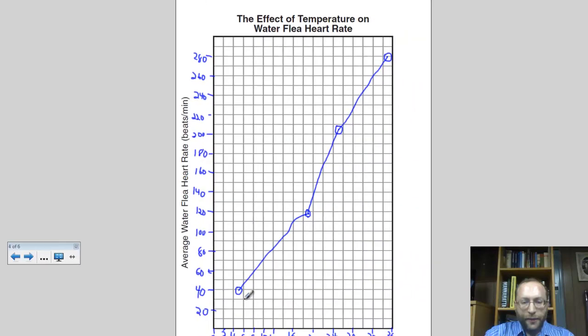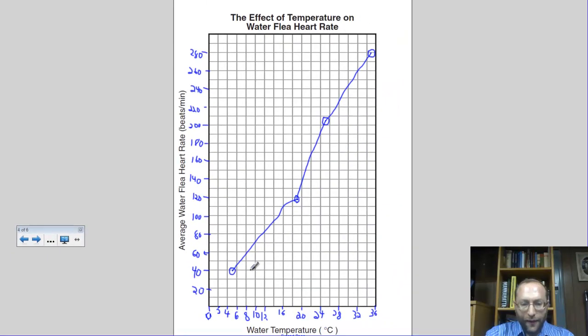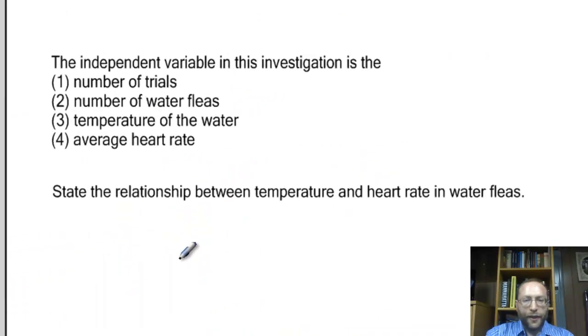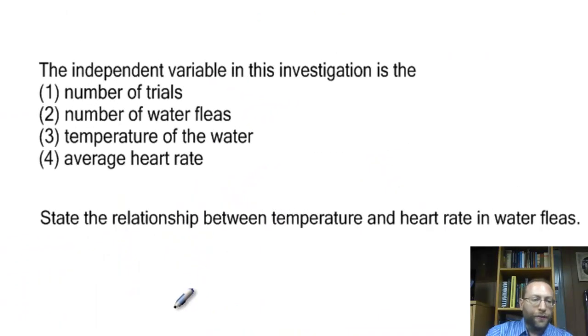As water temperature is increasing, in other words, as this value here gets higher and higher, what is happening to the heart rate? Well, if you look on here, as this number goes up, so does this number. You got 5 and 40. Bring the 5 over here up to 20. At 20, it looks like we're about 140. It's gone up. So what we would say is that as temperature increases, heart rate in water fleas increases.